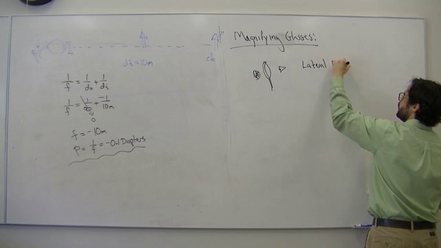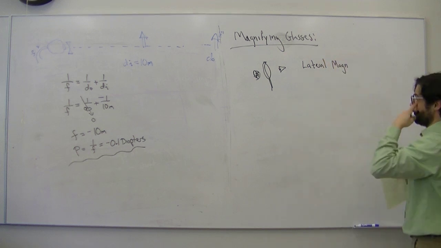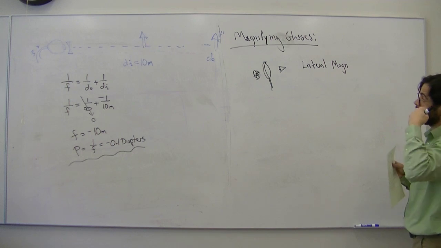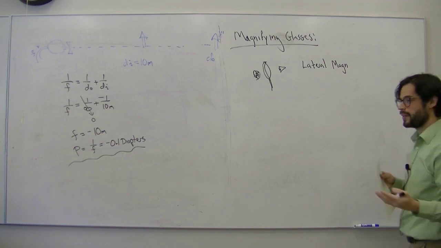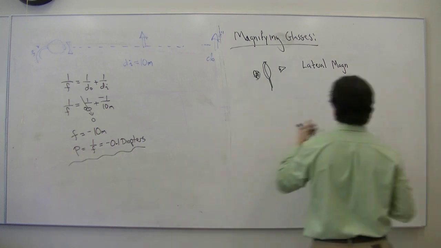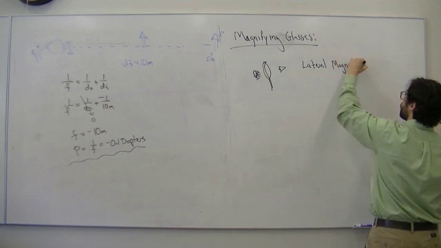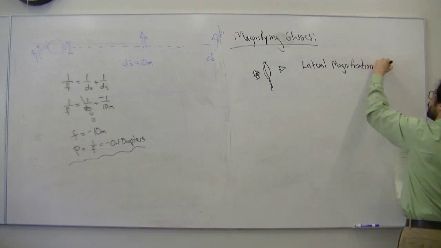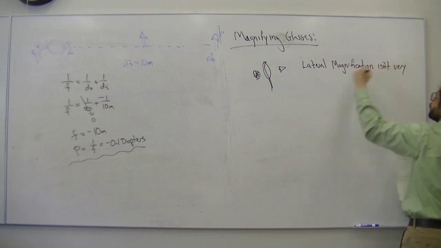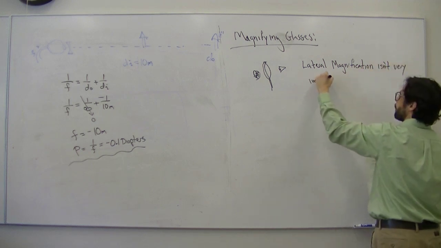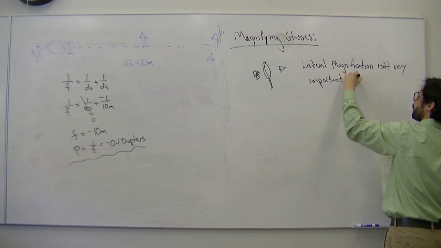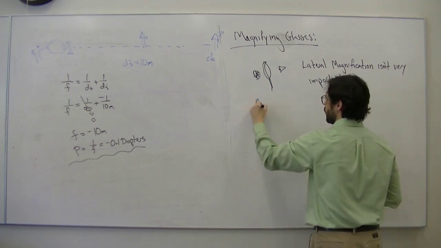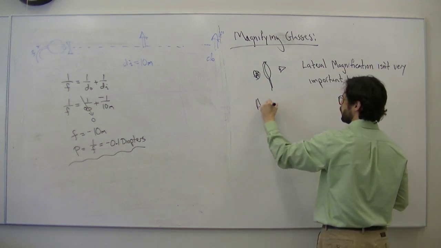What you're trying to do is magnify it, but not lateral magnification. Lateral magnification actually doesn't end up telling the whole story. So really what you want to do is angularly magnify the thing.